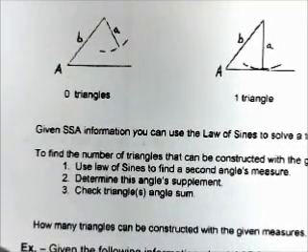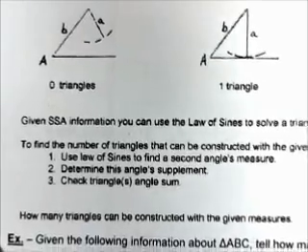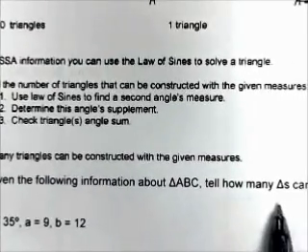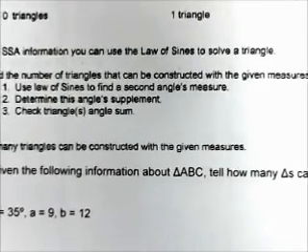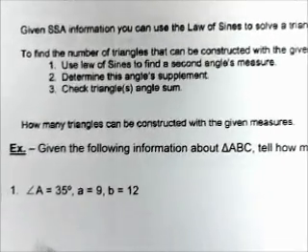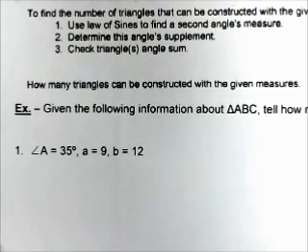So we're answering a question. Given the following information about triangle ABC, tell how many triangles can possibly be constructed. Okay, so we have number 1, angle A is 35 degrees.